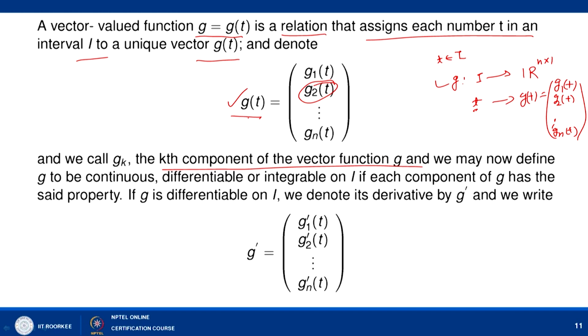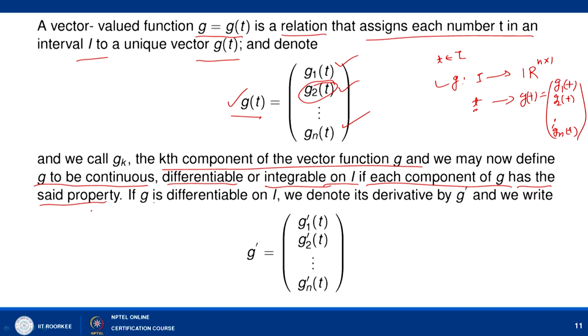So we can say that g is continuous, differentiable or integrable on an interval I if each component of g, meaning g1(t), g2(t) and gn(t), has the said property. It means g is continuous if each component is continuous, differentiable if each component is differentiable, and integrable if each component is integrable.